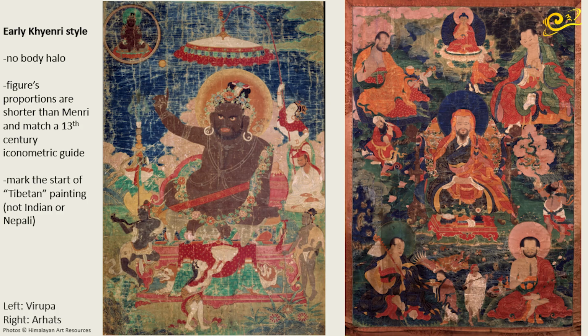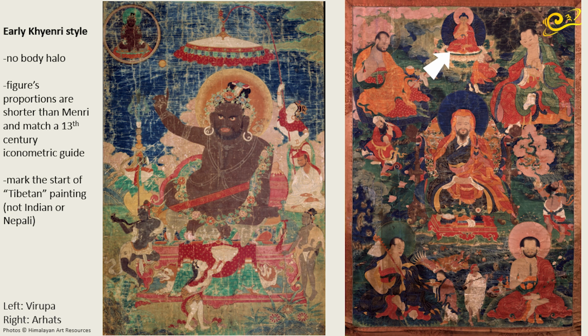Here are a couple of examples of the early Kenri painting style. Notice how neither of these figures, neither Virupa, the Druptop on the left, or the Arhats that are on the right, none of those human figures have a body halo. Only the Buddha on the right-hand tanka has a body halo.